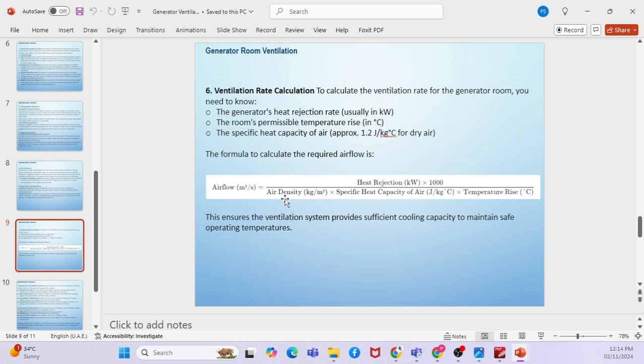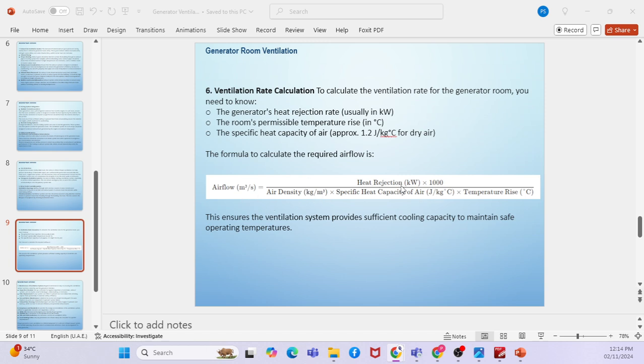Then the density of the air in kilogram per meter cube, we can consider 1.225 kg per meter cube. If you apply in this equation, you can calculate the airflow rate which is required to cool the generator. Everyone clear? Yes.